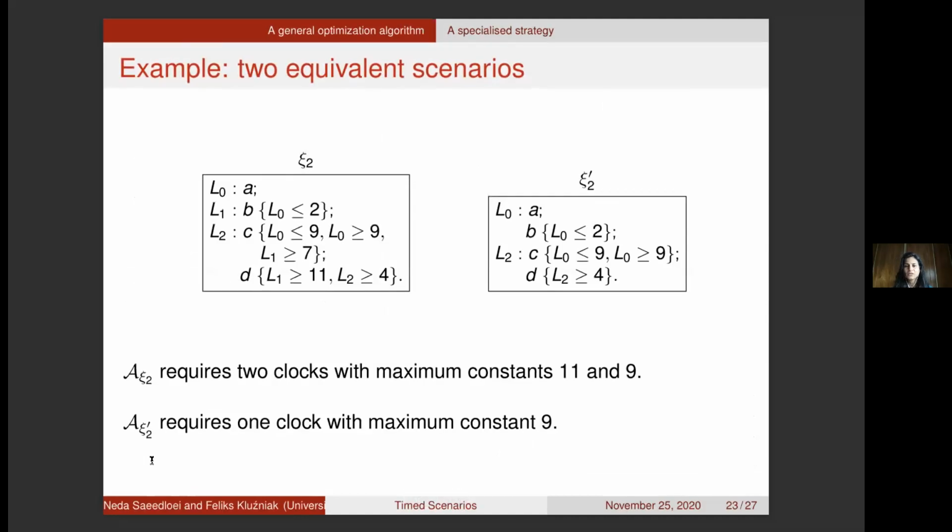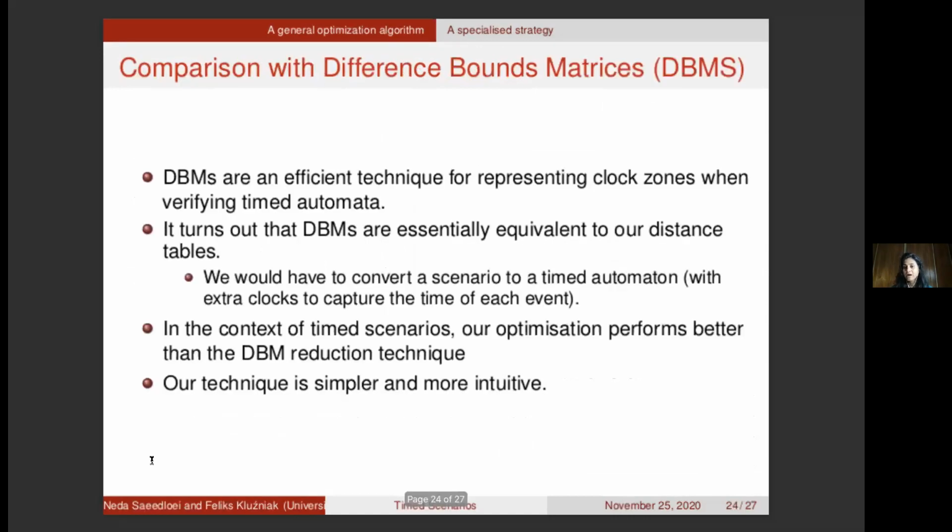As a result, we started with psi 2 on the left hand side, and we ended up with psi prime 2. Observe that the automaton corresponding to the original scenario requires 2 clocks with maximum constants 11 and 9, whereas the scenario we obtain after this specialized strategy requires only 1 clock with maximum constant 9.